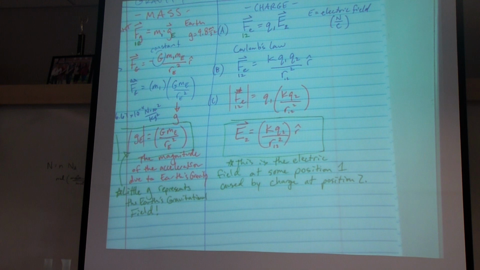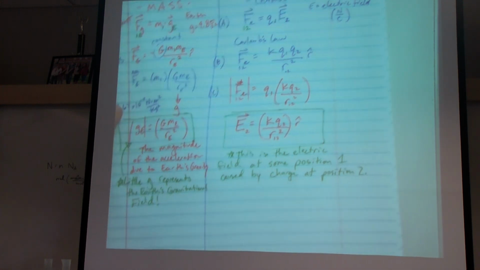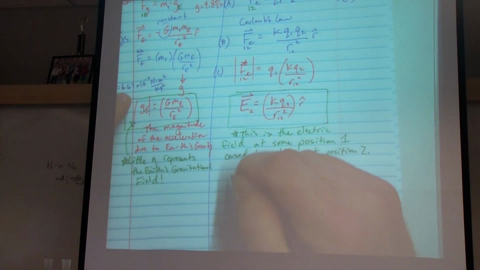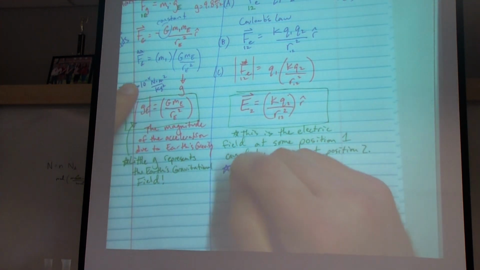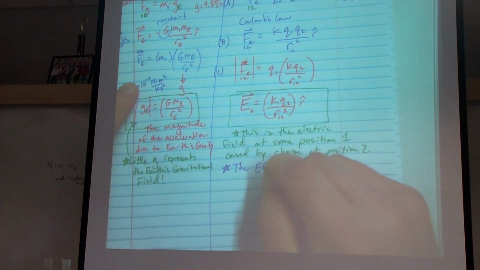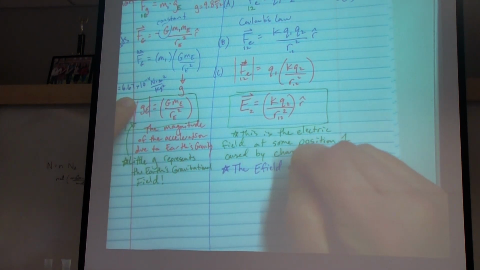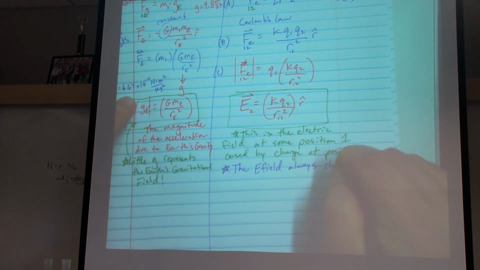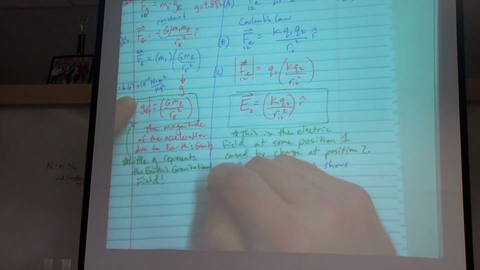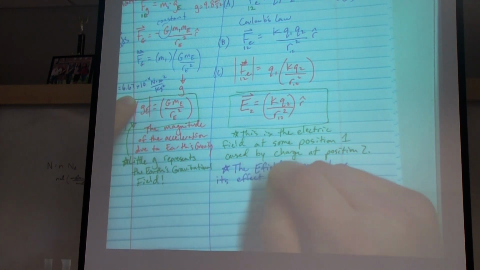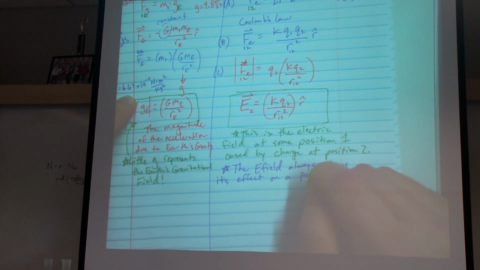Here's the tricky part, though. It's a vector, and the tricky part is the rule about the direction. The E field, and I know we just wrote this on the previous page, but I'll write it one more time, always shows its effect on a positive test charge.